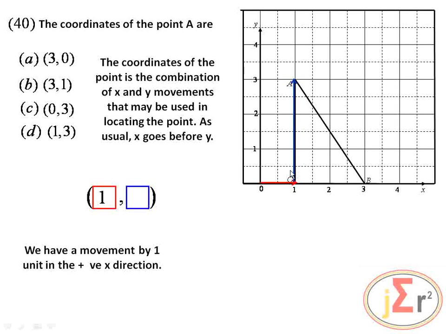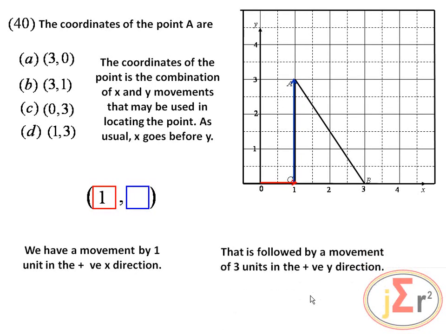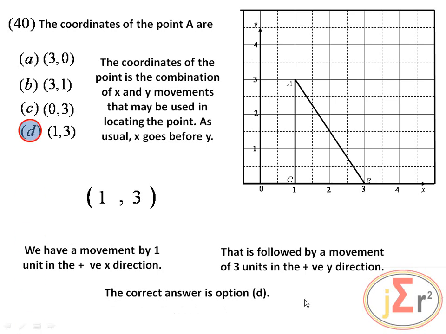And we can see from here, 1, 2, 3 units. So it is followed by a movement of 3 units in the positive Y direction. So we will have a positive 3 there, with or without the sign. No problem, seeing that the coordinate is 1 for the X, 3 for the Y, and that is represented by option D.